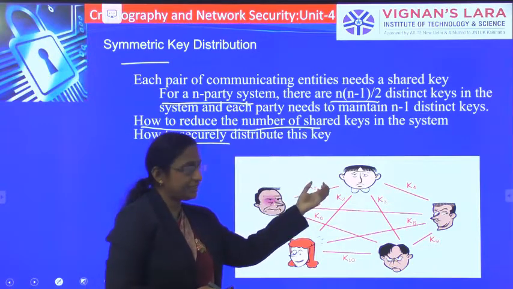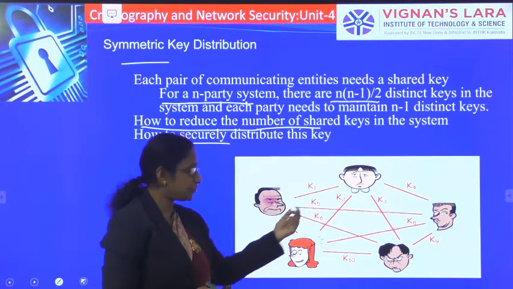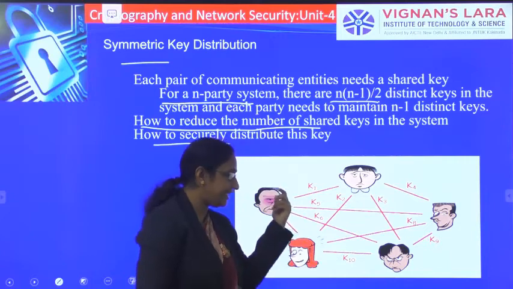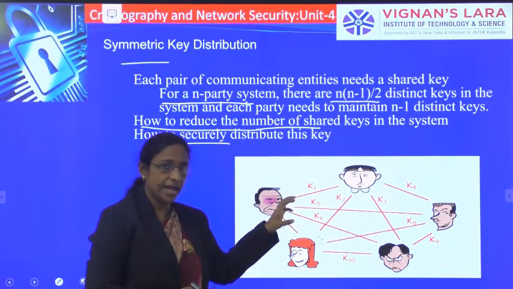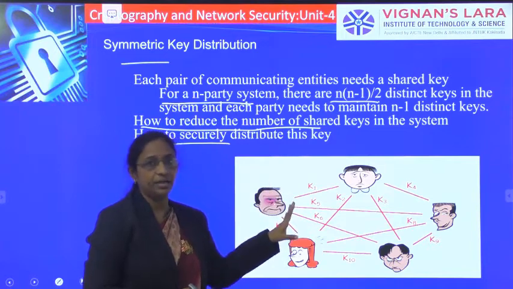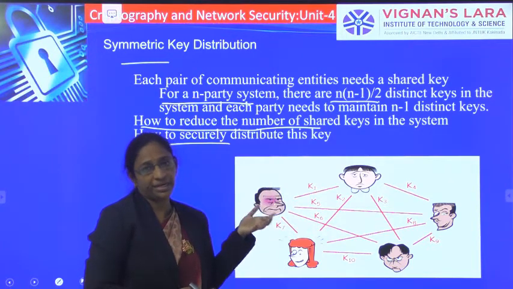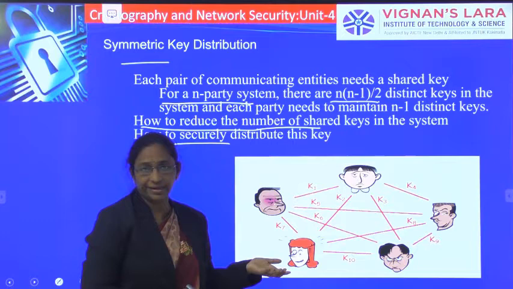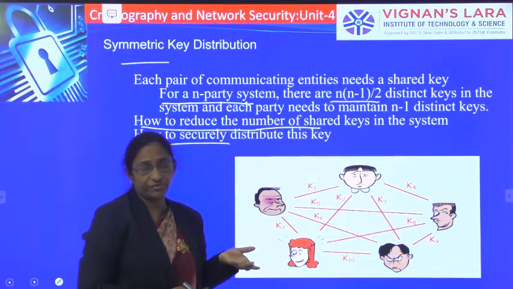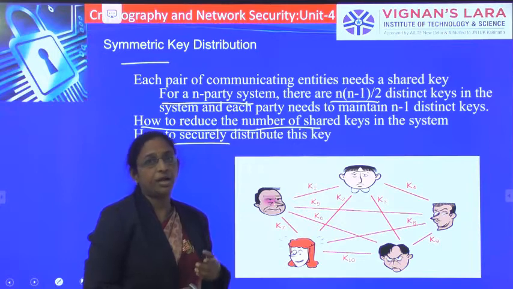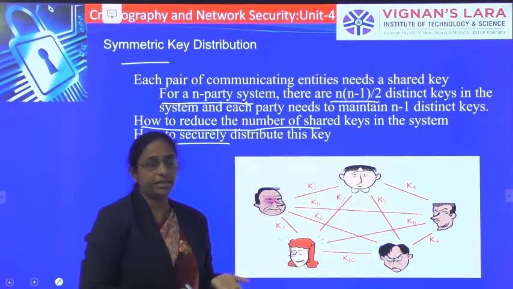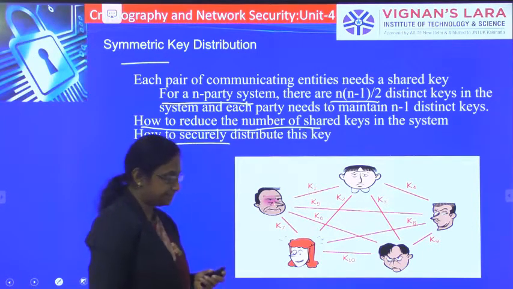Maintaining that number of keys secretly and sharing them secretly with other members is a burden. To reduce that burden, we have some concepts.